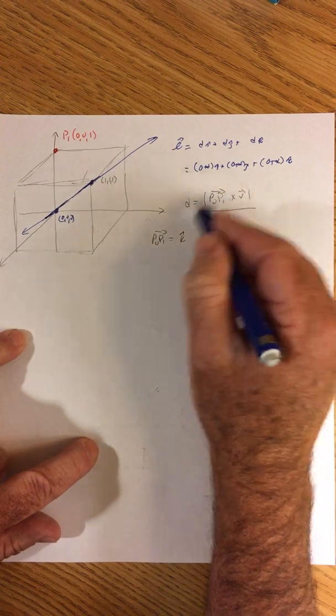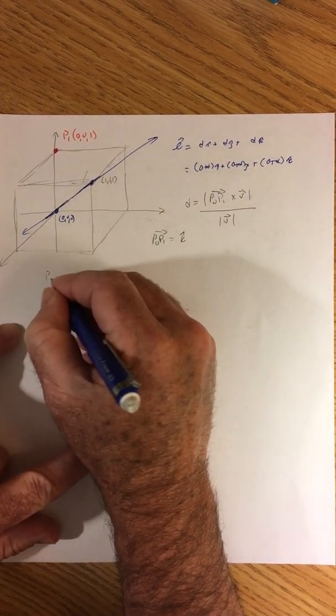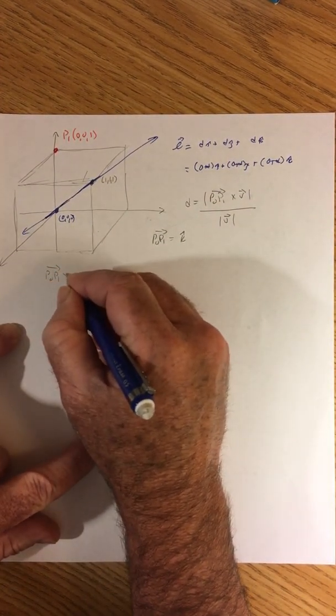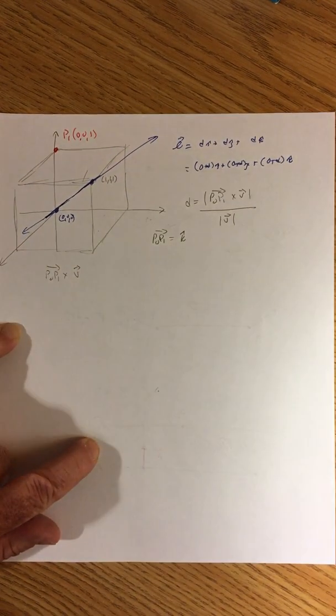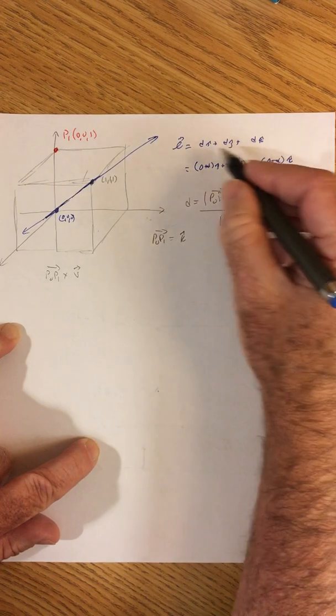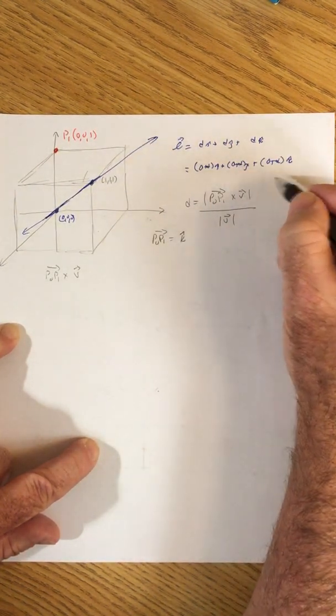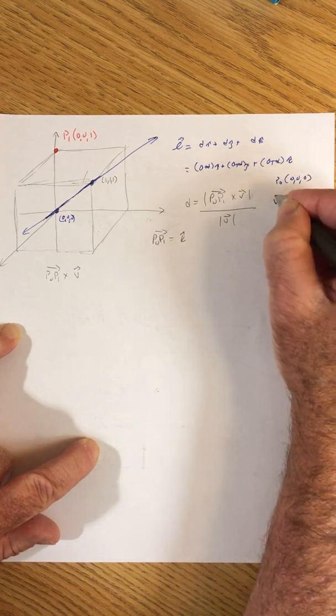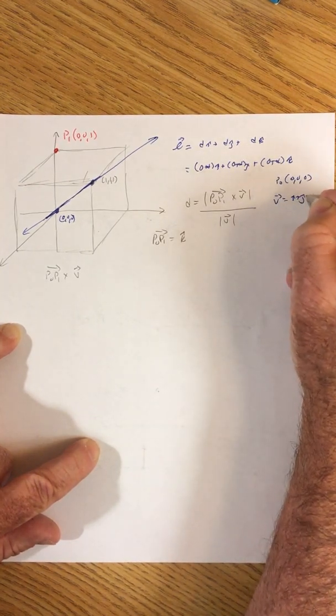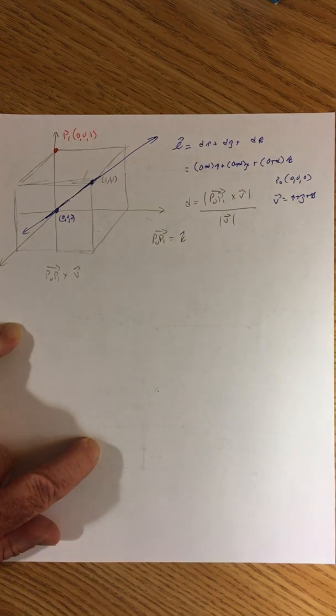All right, so we need to take this cross product, P0, P1 cross V. Now, what is V? Okay, I should maybe write that down as well. On this line, P0, of course, is 0, 0, 0. V is I plus J plus K. That's the directional vector.